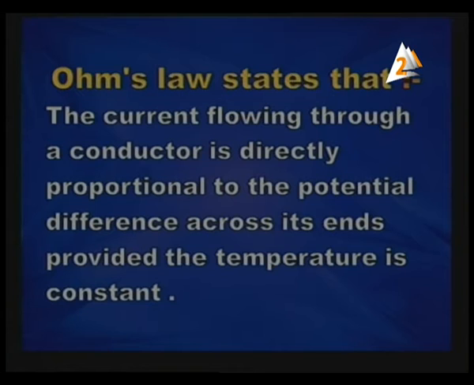The current flowing through a conductor is directly proportional to the potential difference across its ends, provided the temperature is constant. Current is directly proportional to the potential difference at constant temperature.